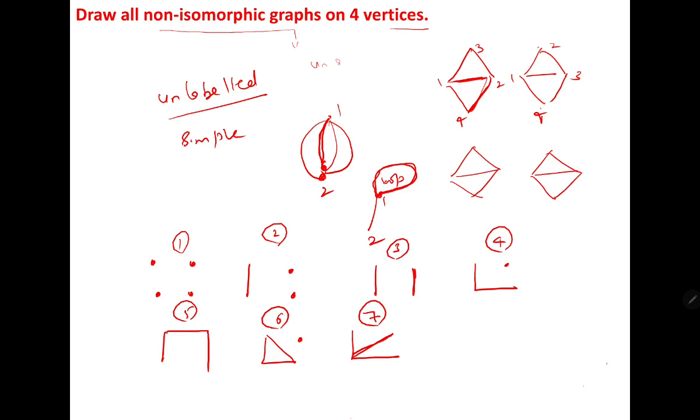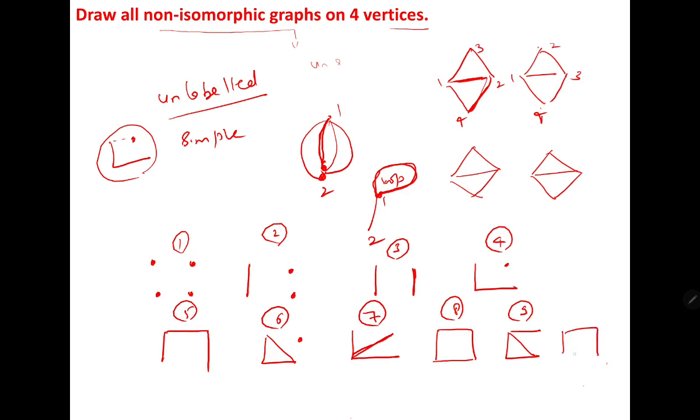If from fourth you do like this, this is already covered as fifth, so I don't consider it. Then the eighth one: from fifth, if I go like this, this is my eighth. From sixth I can do like this, so this is my ninth.